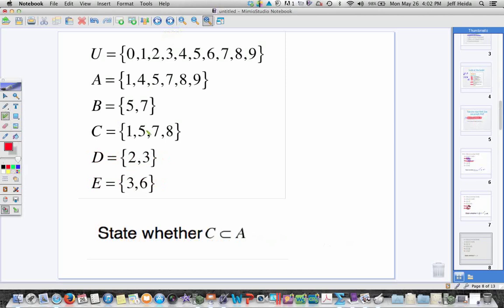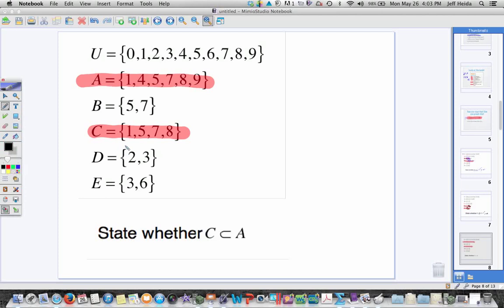So going on to our third example, is C a subset of A? If you notice, we have more terms going on here, and these sets can be huge. They can be all integers from 0 to 100 or something like that. So it's much easier to write things in set notation than to write out the set every time. Let's take a look here.